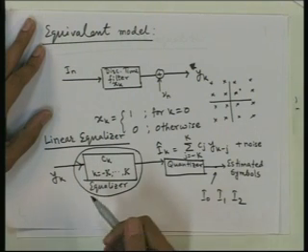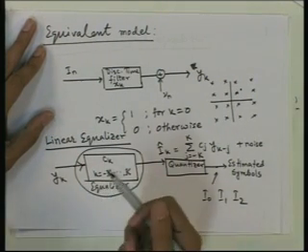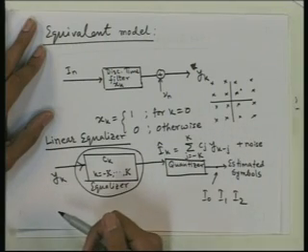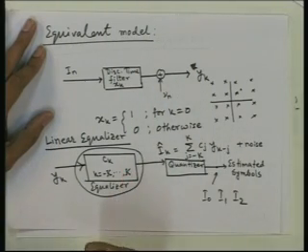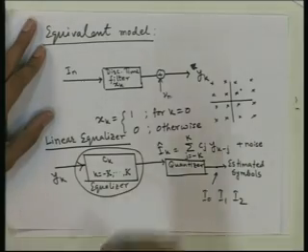So, which is basically not really the effect of future symbols on the past symbols, but which is taking help of the future symbols to detect the previous symbols, because the previous symbols will have some effect on the future symbols. So, future symbols also carry some information about the previous symbols.